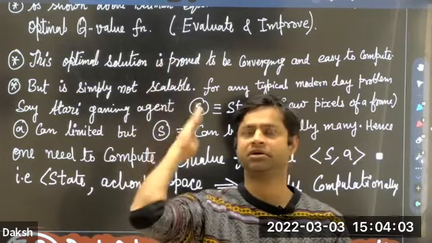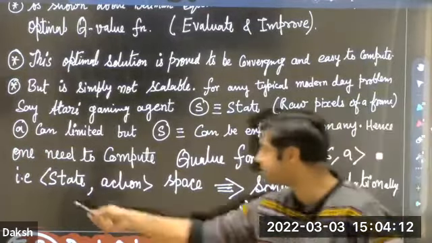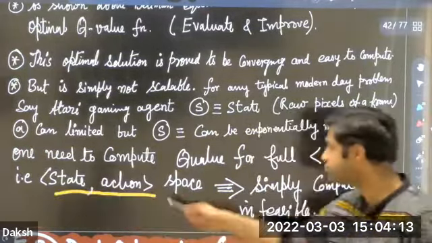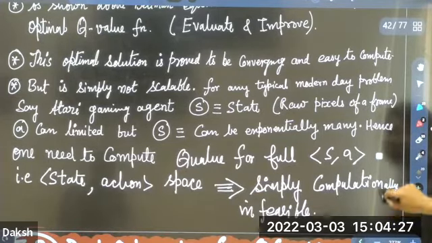In continuous space you have infinite actions. So you cannot solve it using these methods, because you are going to have a huge number of state action pairs, and for each and every state action pair you cannot work separately. So today we wanted to discuss up to this.